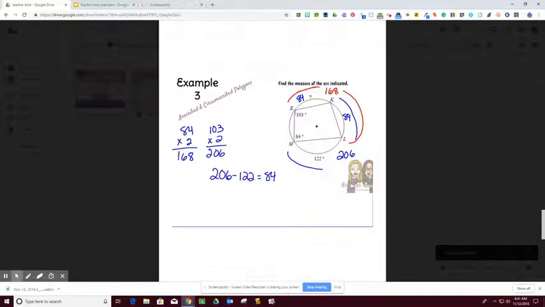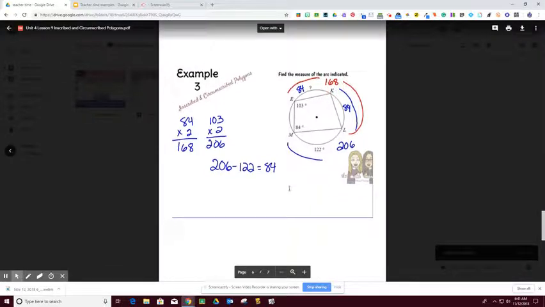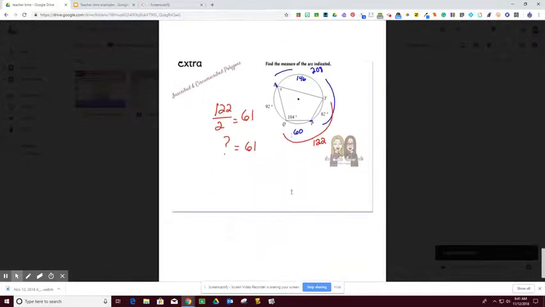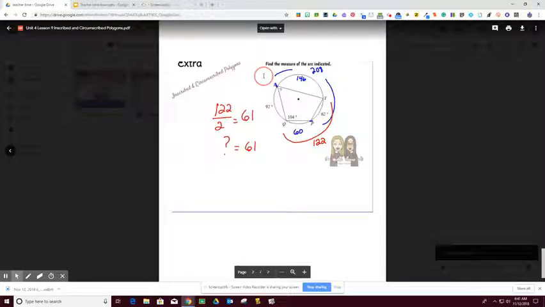It is to note that angle E and angle L are supplementary, and angle M and angle K are also supplementary. Then the extra problem is very similar to the problem that we just did. We're looking for this whole inscribed angle. 104 times 2 is the blue intercepted arc, 208.